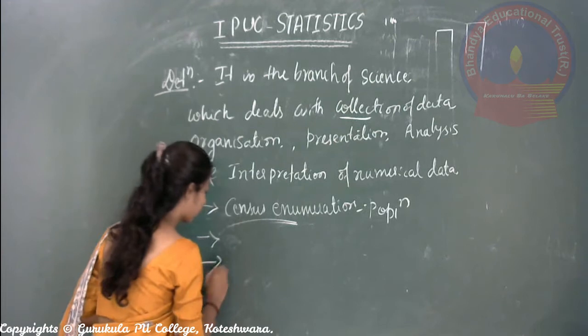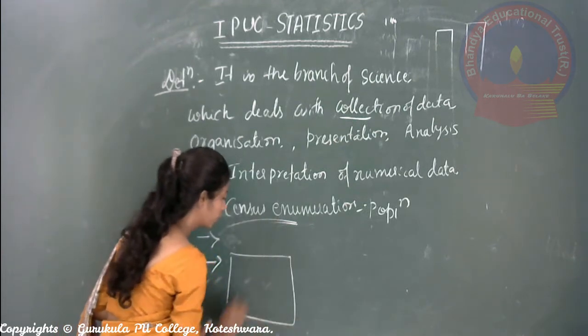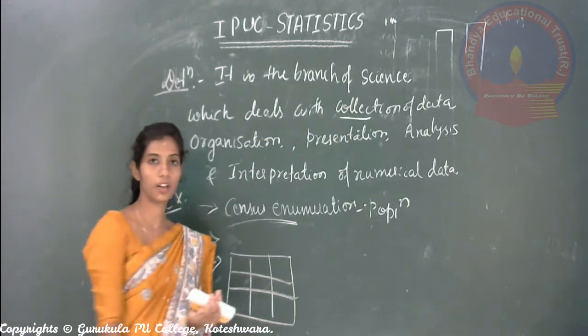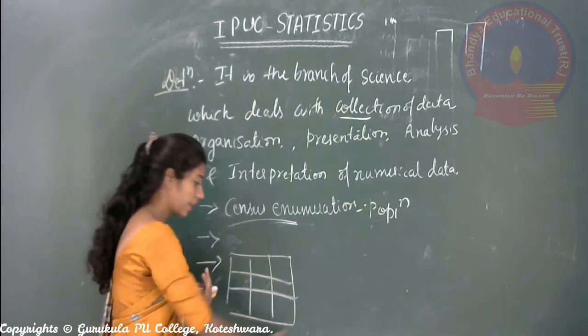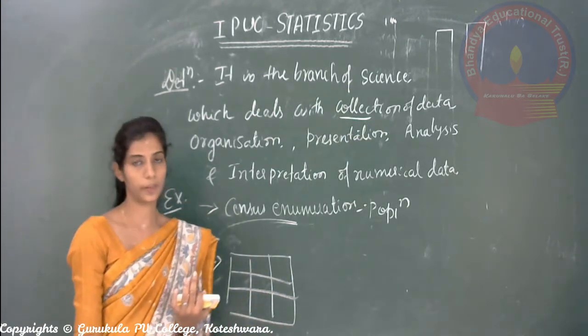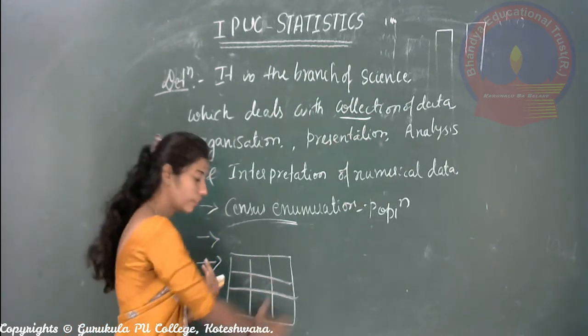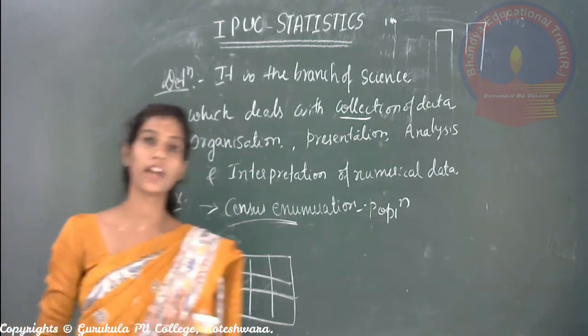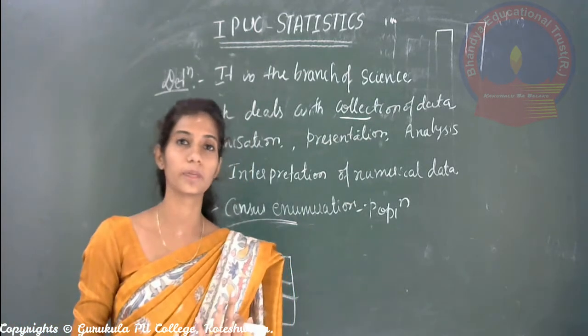Once you have done the organization, you have to present these data in rows or columns. That we call as tabular representation. In terms of tables, you can represent it or you can represent it in another way.